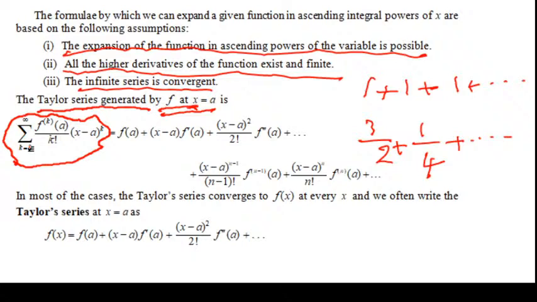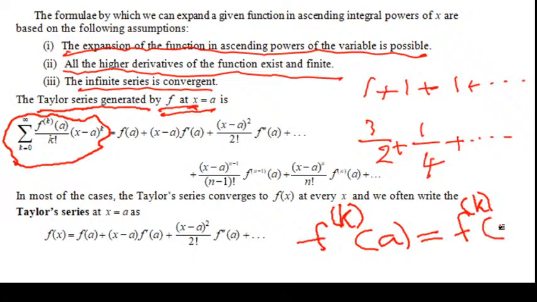What is f^(k)(a)? f^(k)(a) denotes the kth derivative, the value of the function. Which function? The function which is the kth derivative of f. You note this point, f^(k)(a) is the value of the function f^(k)(x) evaluated at x is equal to a.